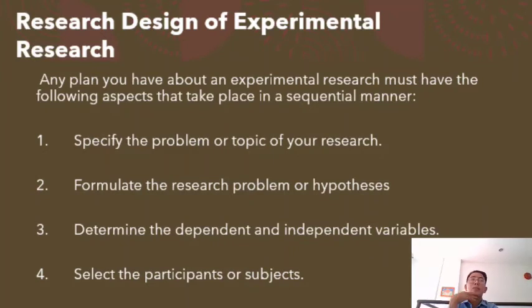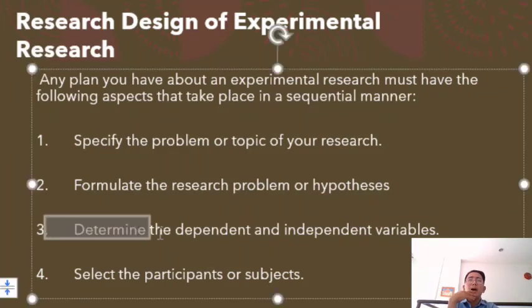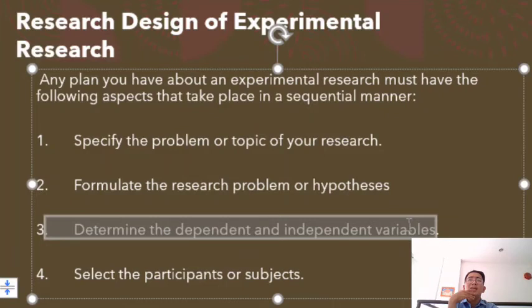Number 3, determine the dependent and independent variable. Knowing your dependent and independent variable will give you the idea of who receives the treatment and who stays in the base form of your experiment, the one that does not receive the treatment.